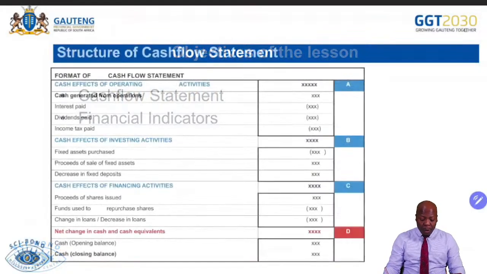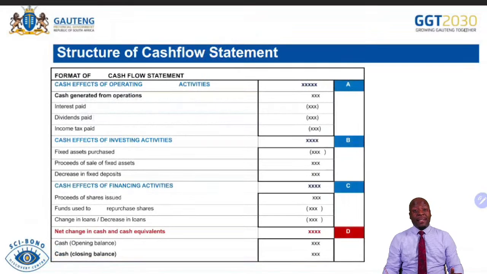Now, for you to answer cash flow statement questions, you need to know the format of the cash flow statement. At times, the examiner does not bring us the full cash flow statement, but nonetheless, in today's class, we're going to look at the full cash flow statement, such that if the examiner brings the full cash flow statement, we are covered. If the examiner decides to bring certain parts of the cash flow statement, we will still be covered.